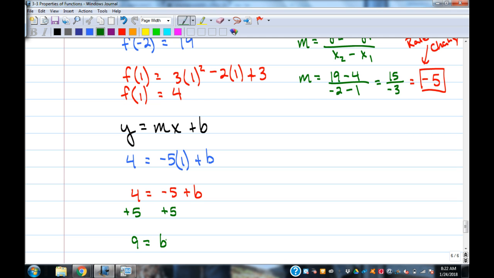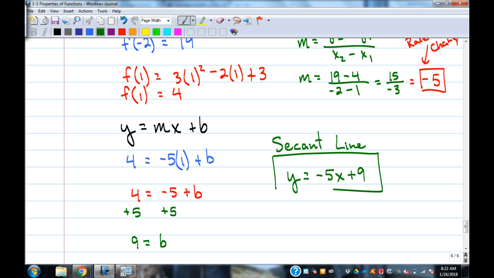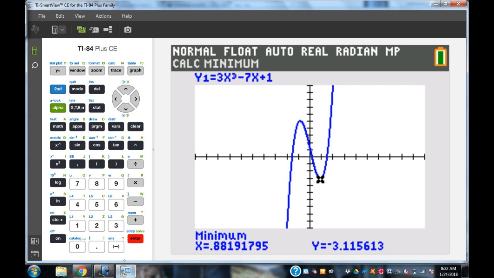B is 9. So our secant line is y equals negative 5x plus 9. Let's look at that on the graph to finish it off, just to show how that secant line is reacting with that quadratic we had there.